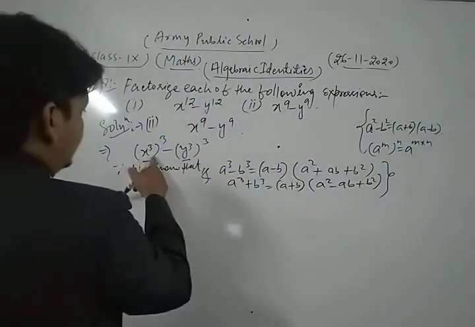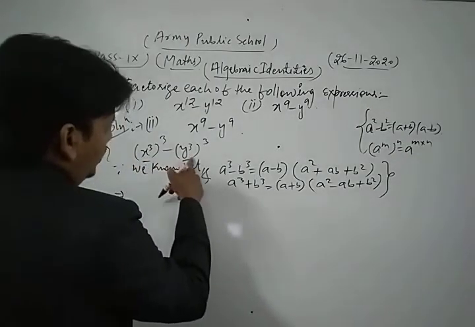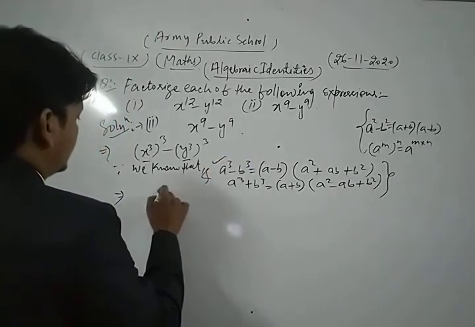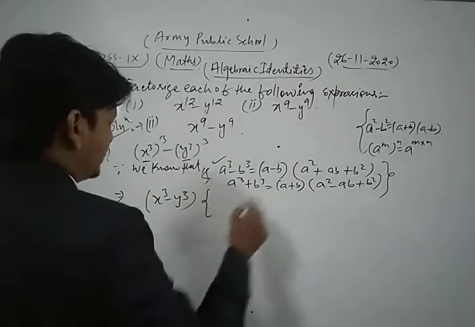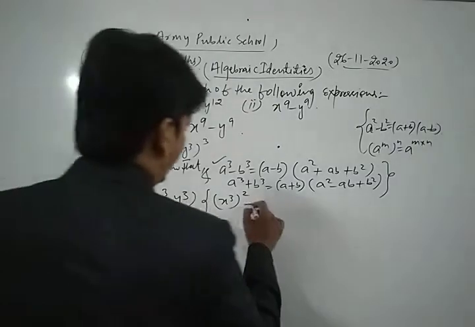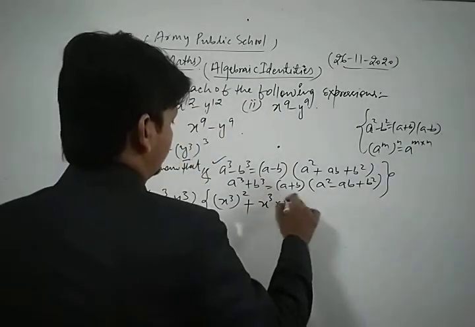Here this is a cube minus b cube. The value of a is x cube, the value of b is y cube. So we apply the identity: a minus b means x cube minus y cube, and in another bracket a square plus ab plus b square, where a is x cube and b is y cube.